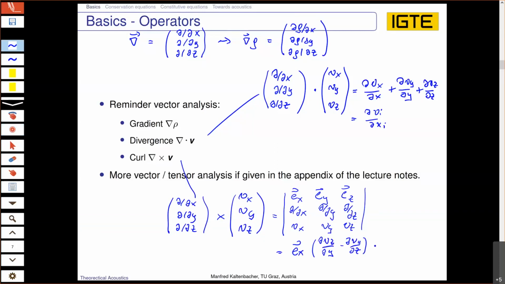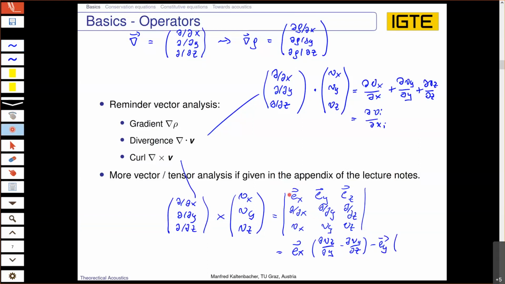Minus, so you always have plus, minus, plus. So we have then minus ey, the unit vector in y direction, and as a subdeterminant, we have this part and this part, because you could also see it as you cancel out this row and this column.